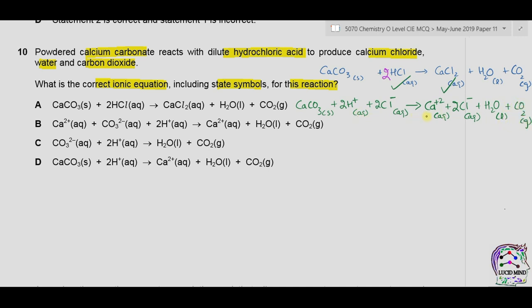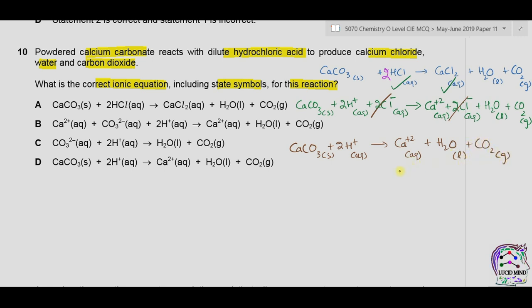Now let's find the spectator ions, which are the ones that are present on both the reactant and product side unchanged. Now writing the ones that are left behind, we have calcium carbonate solid plus 2H+ aqueous, which forms Ca2+ aqueous plus H2O liquid plus CO2 gas.